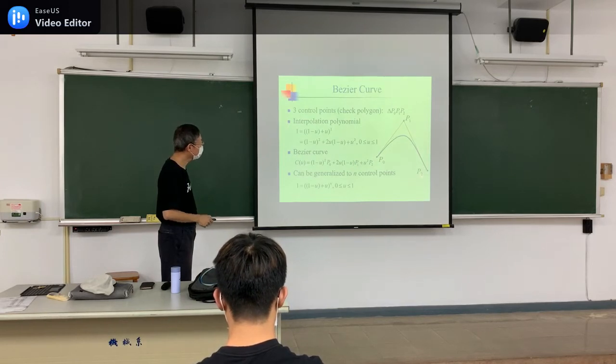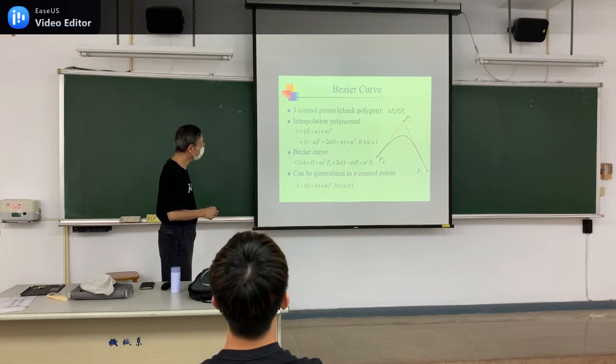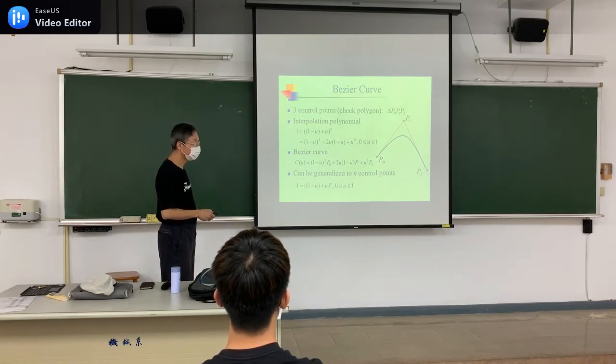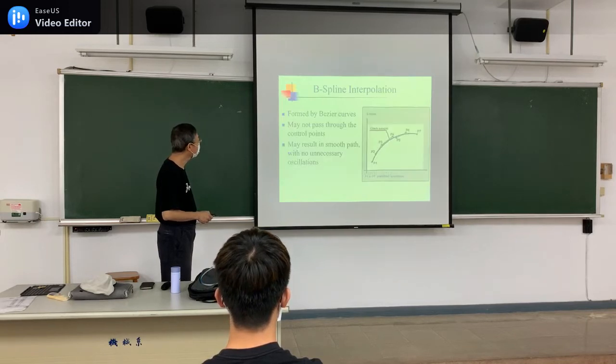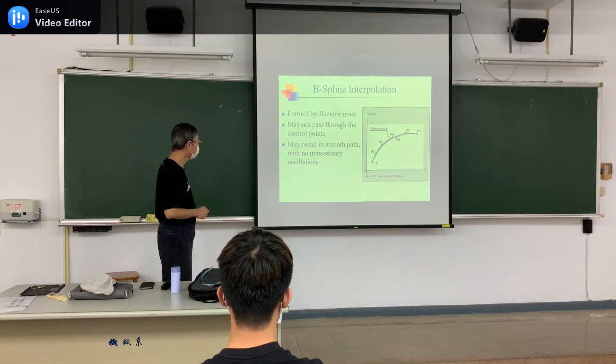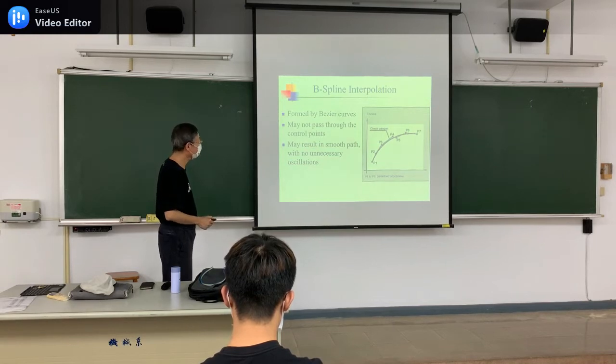It will pass through this and this, but not this. And it can result in a smooth path and no unnecessary acceleration, as you can see here.